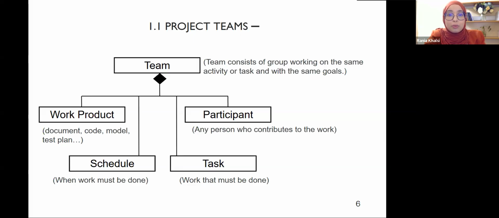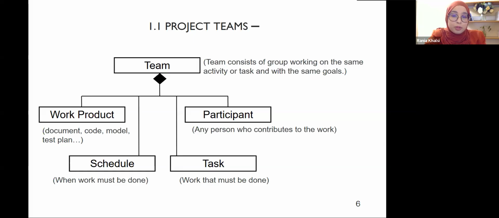Also, from the developers' perspective, we have what we call work product, okay? Work products are mainly documents, code, models, test plans, any item produced in the course of a project, okay? And work products produced for the client are called, at the end, final deliverables, okay? So you will hear the word deliverables.